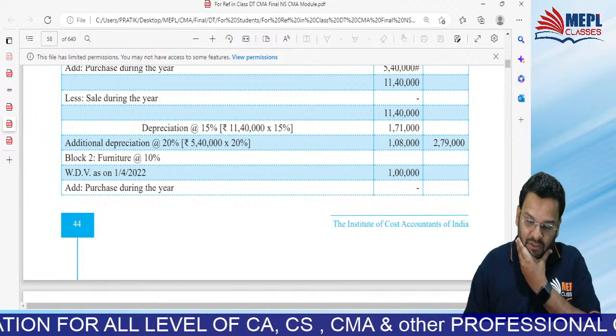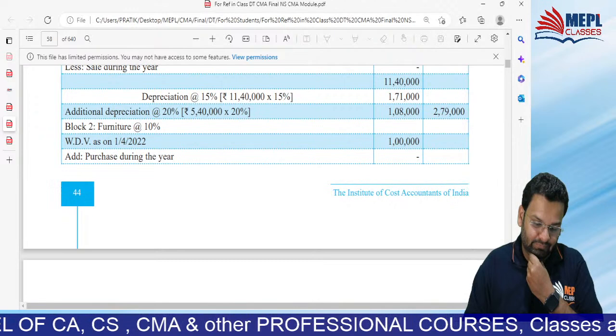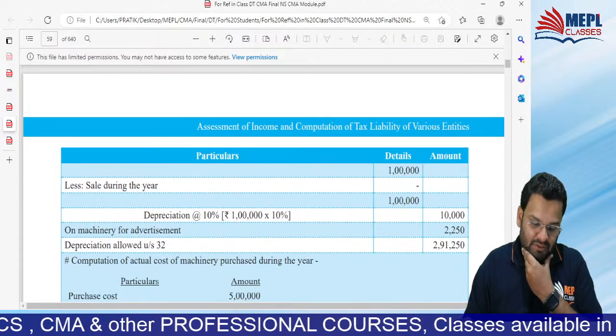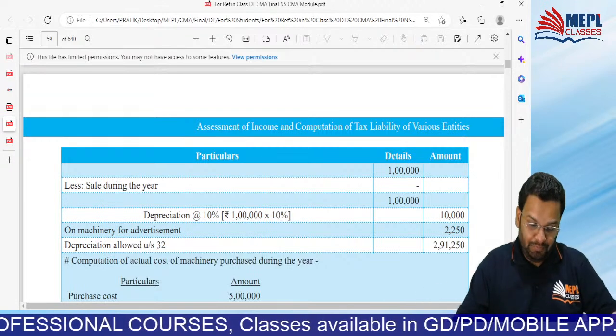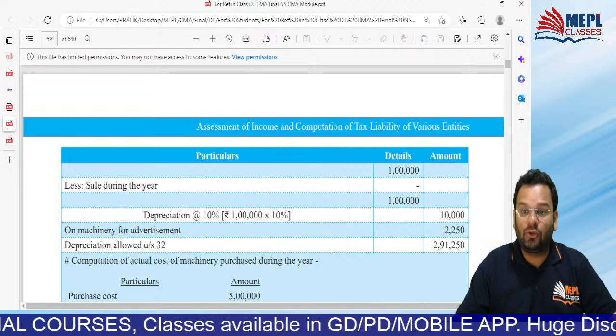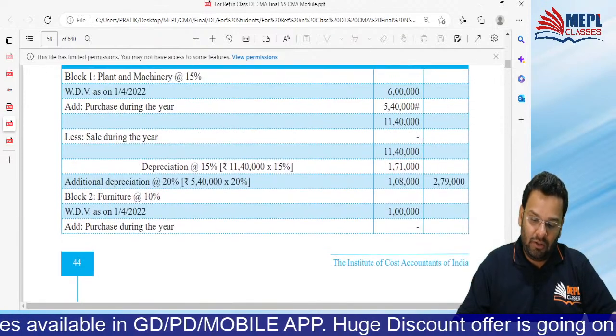Okay, see, furniture was of 1 lakh. Nothing is purchased, nothing. 10,000. Okay. Now let's calculate on machine. How do we calculate on machine?